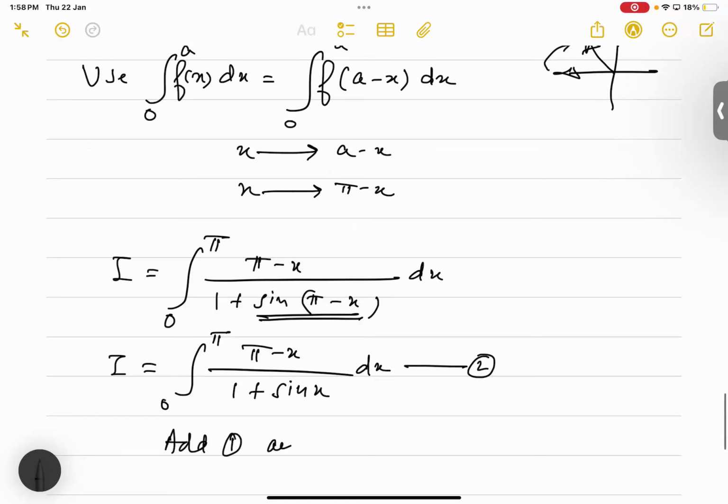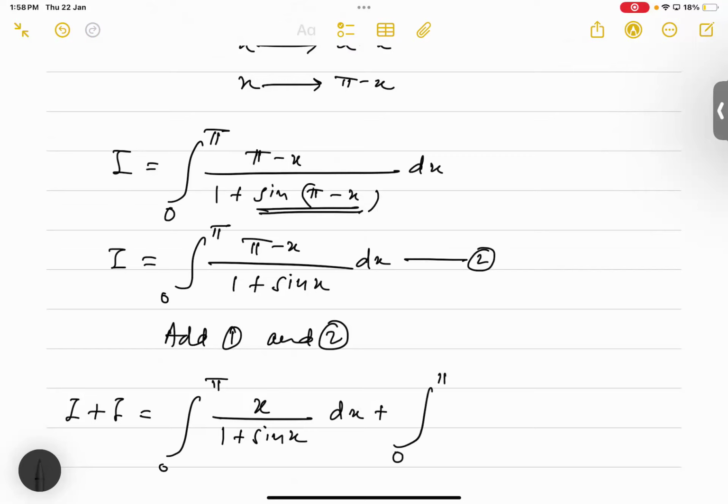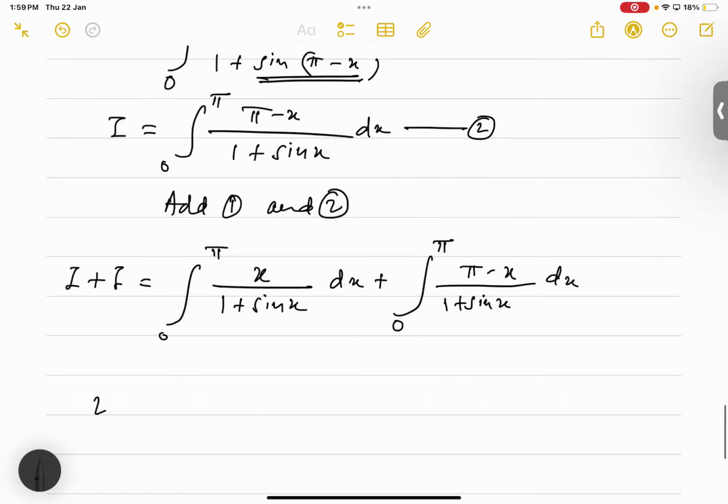Add 1 and 2. 2I equals integral 0 to pi, x upon 1 plus sin x dx plus integral 0 to pi, pi minus x upon 1 plus sin x dx.